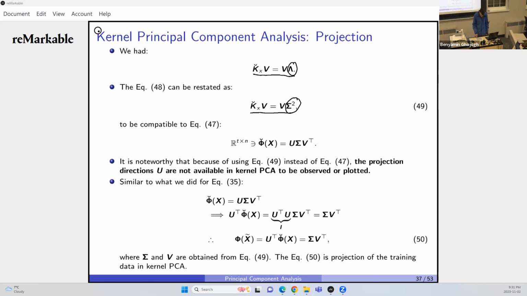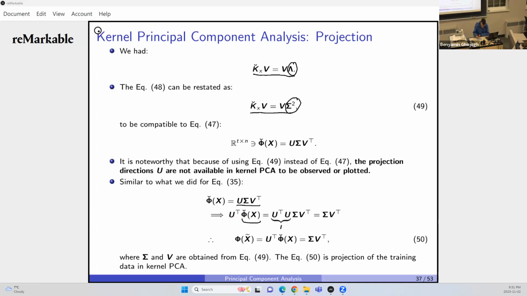Now, let's do what we did in dual PCA, but for kernel PCA. So phi breve X is U sigma V transpose. What is the PCA projection, in this case the kernel PCA projection? It's U transpose phi breve X, right?